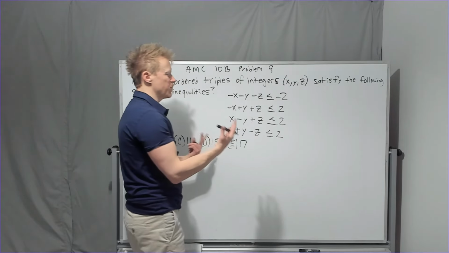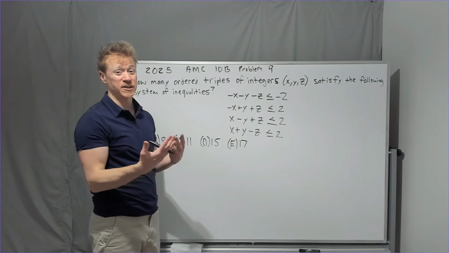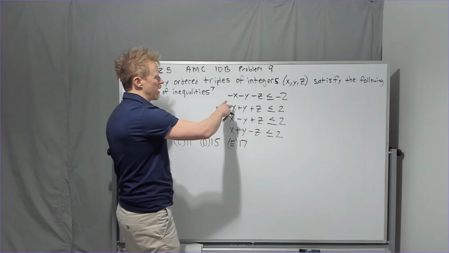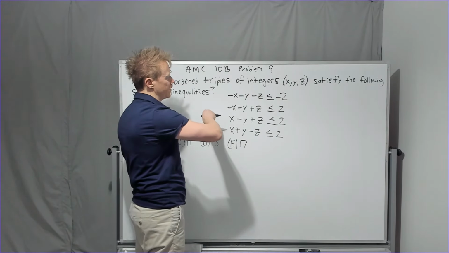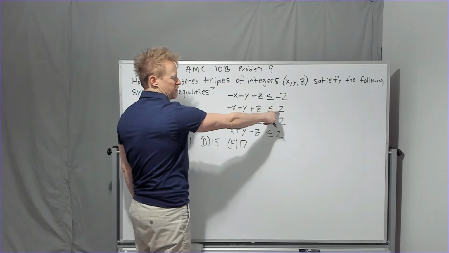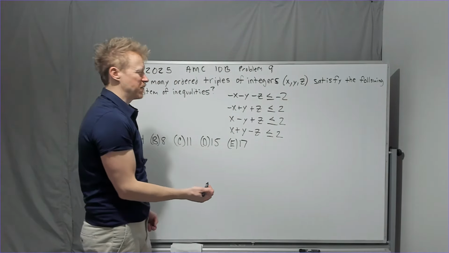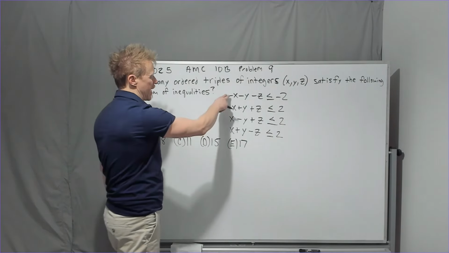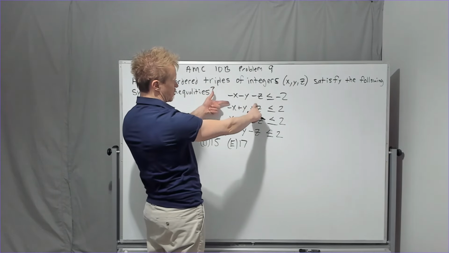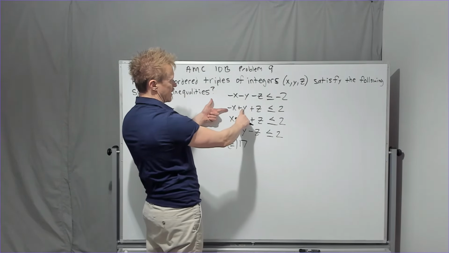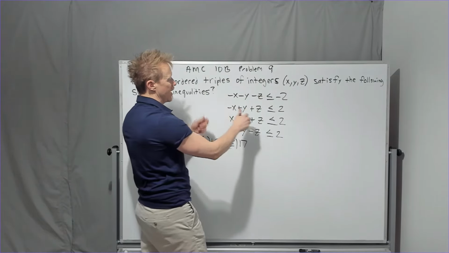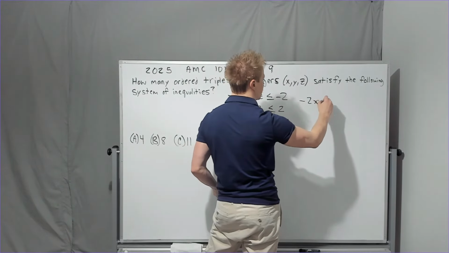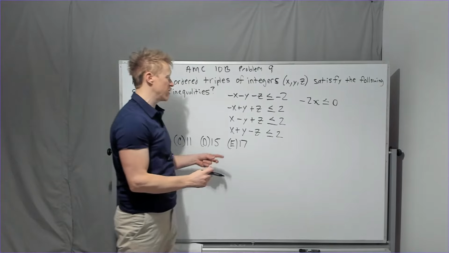So what are some things that we can do from the start? We have to create some kind of analysis. What I would do is probably add, because I like the negative 2 and the 2 adding, and if I add 2 things that are lesser, it will stay lesser. So if I add these 2 things right here straight up, I get my y's to cancel, my z's to cancel, and I'm going to get negative 2x less than or equal to 0.